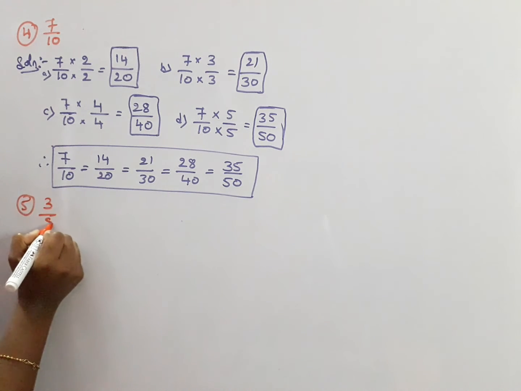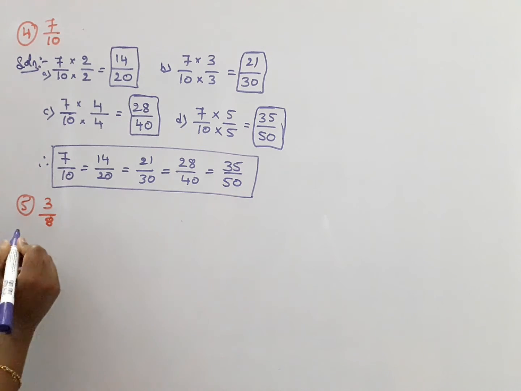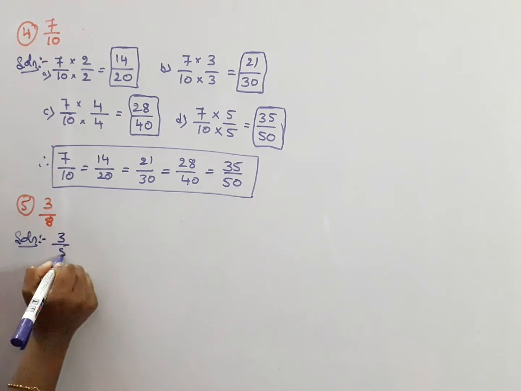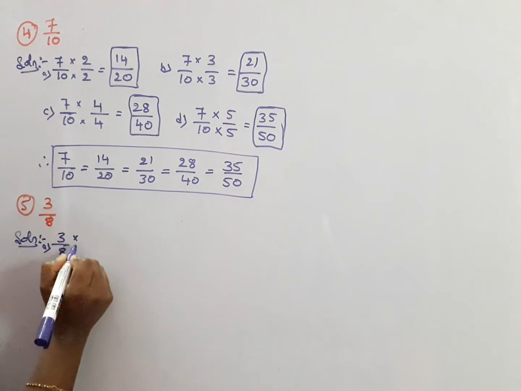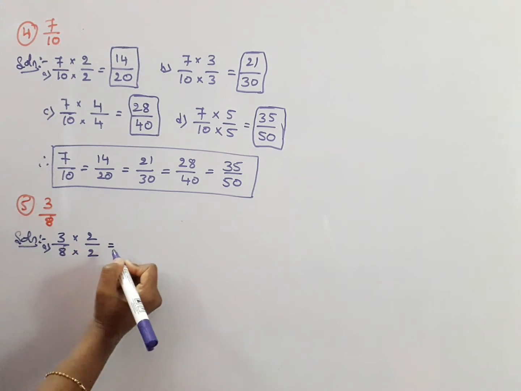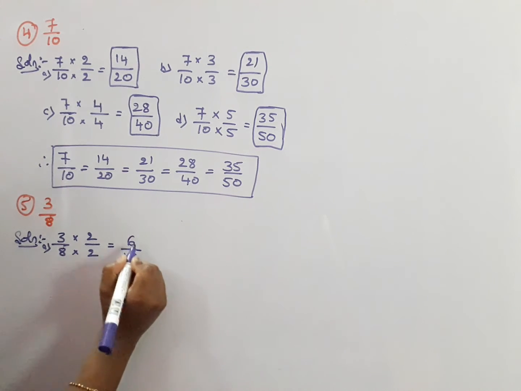Last example, 3 by 8. Write the 4 equivalent fractions of 3 by 8. So now 3 by 8 multiplied by 2. 3 2s are 6, 8 2s are 16.